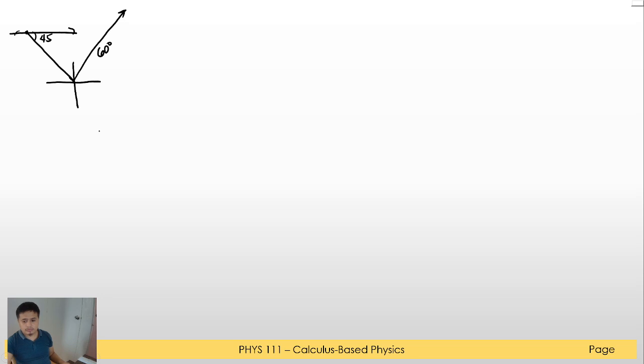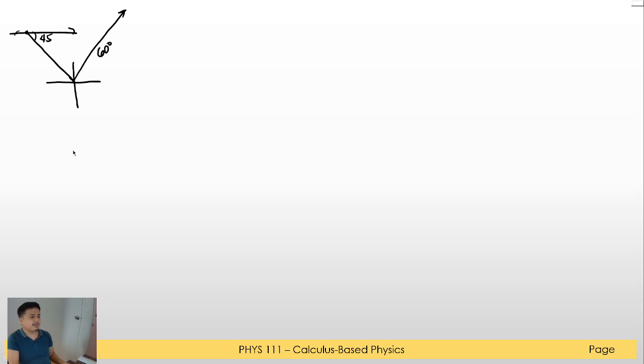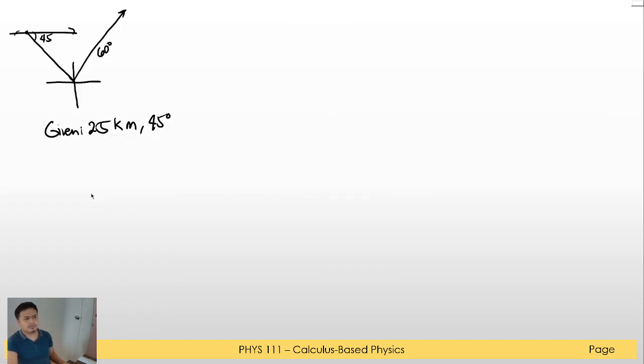So, what we could do here is to add these vectors. Adding these vectors, knowing that we have 25 kilometers and 45 degrees. So the given here is 25 kilometers and 45 degrees, and then the other one was 60 degrees and 40 kilometers.